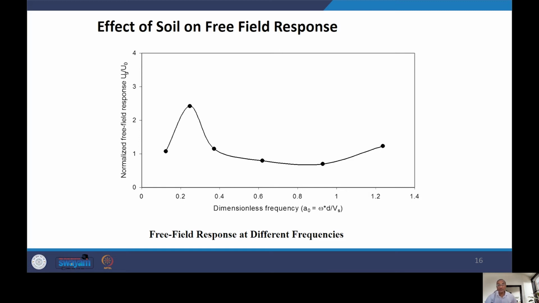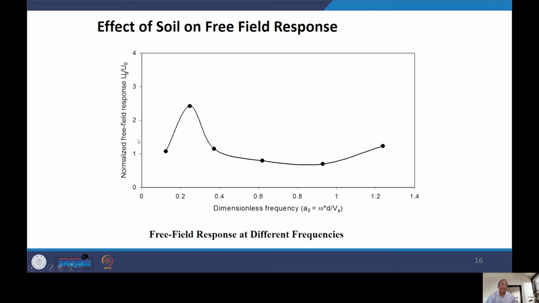So assuming Vs and D are constant, there is a variation only in omega. When you change the frequency omega, naturally the value of a naught will also change.